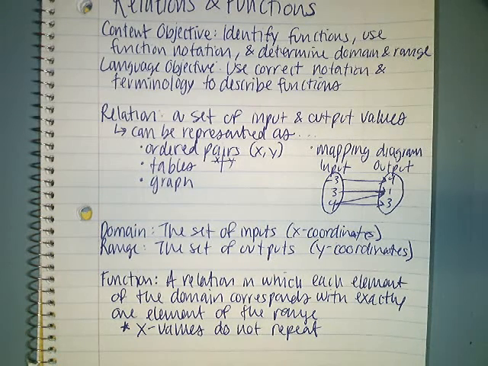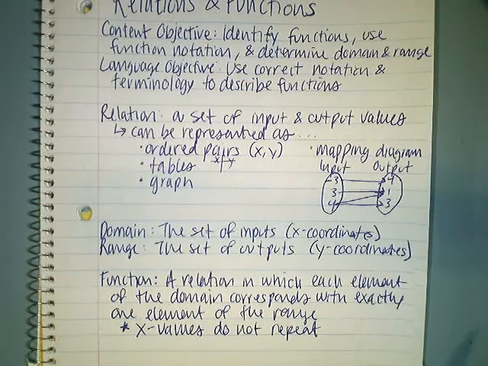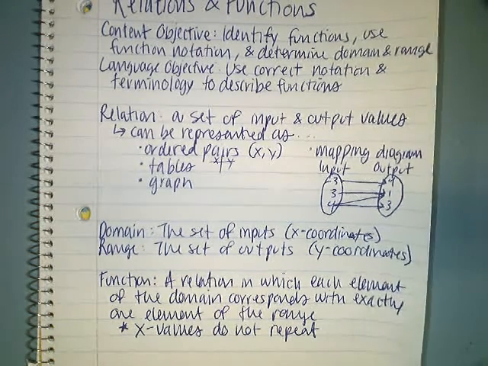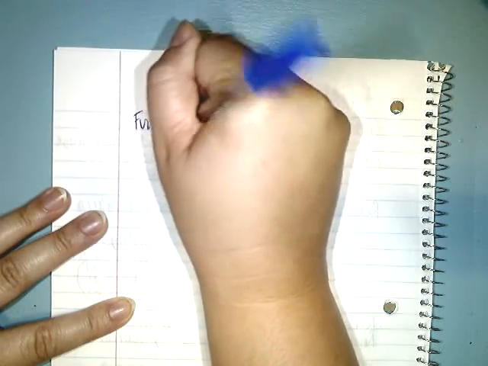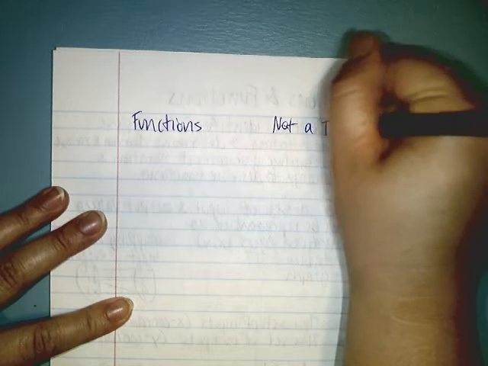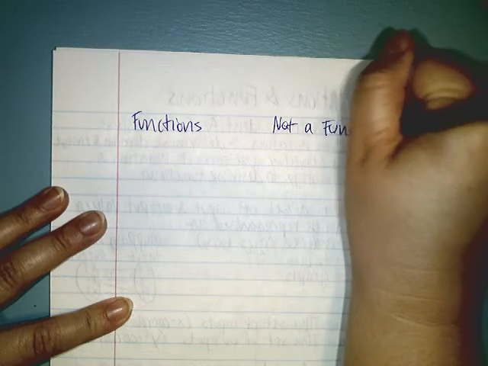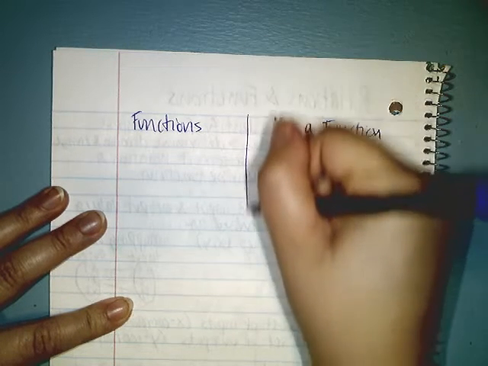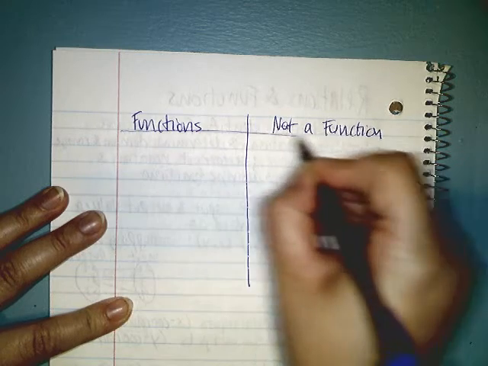The next thing I want to do is show you some examples of functions versus not functions, or just more general relations. So I'm going to flip the page so I have some room for those examples. I'm going to make a quick table. First side will be functions, and then the second side will be not a function. I'm going to give you a couple examples.